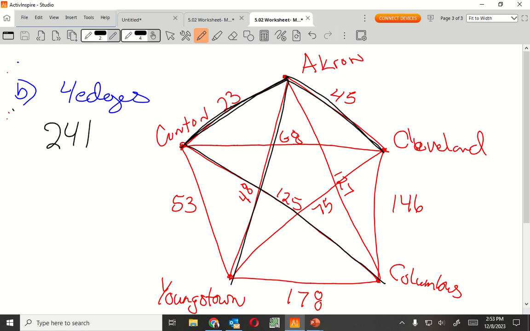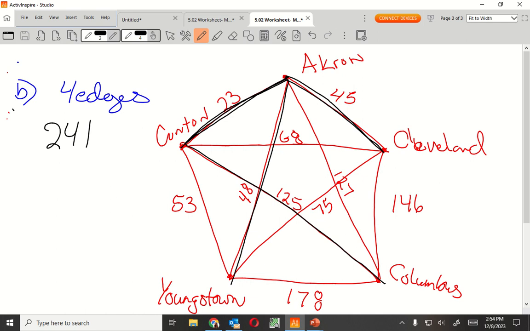Good. Now, Part C says that to do these power lines, it costs $2,300 for every mile. Just so you know, that's not true. It costs a whole lot more. Anyway, so $2,300 per mile. So I'm going to take all these miles and multiply. How much is it for every mile? 2,300.